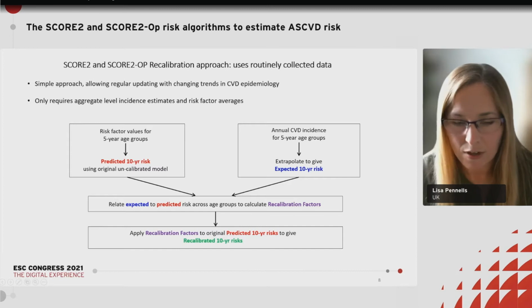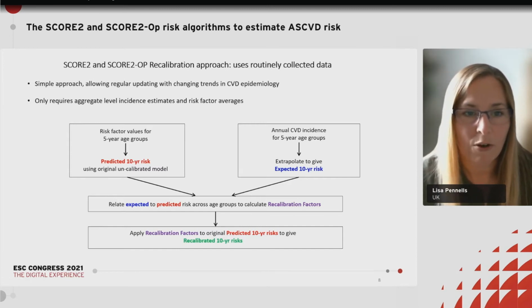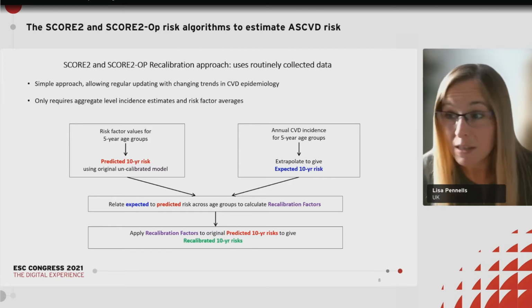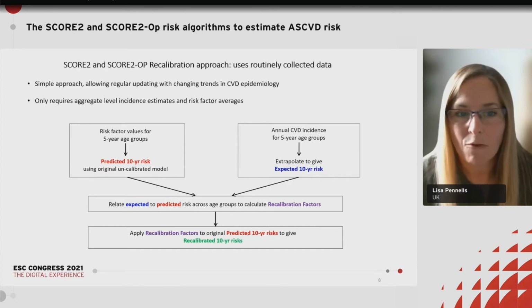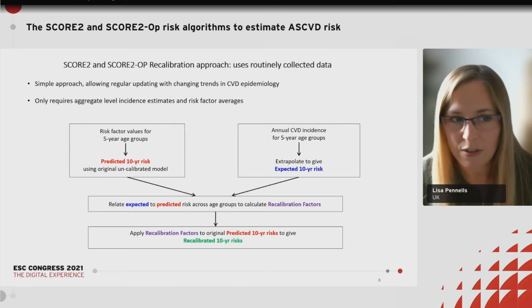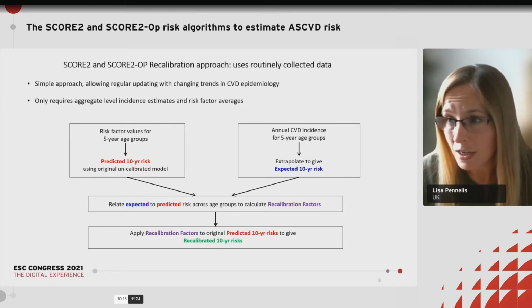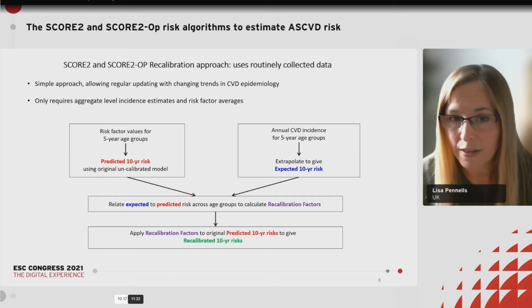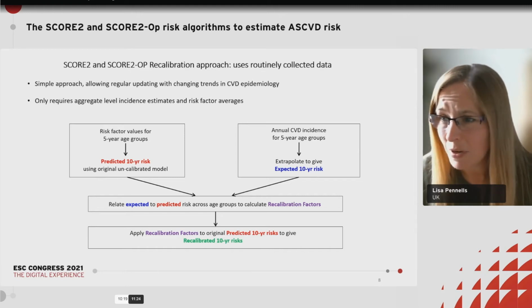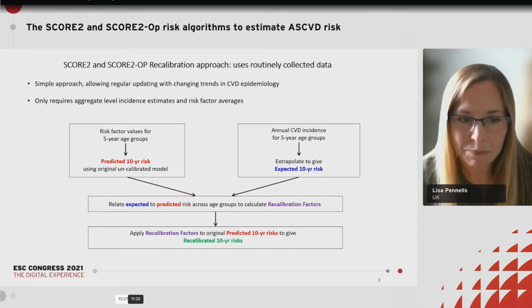And this slide outlines the recalibration process and how it works. So we think this is a reasonably simple process which will allow regular updating in the future with changing trends in CVD epidemiology. And importantly, it requires only aggregate level incidence estimates and risk factor values. So it can be essentially applied using routinely collected data.